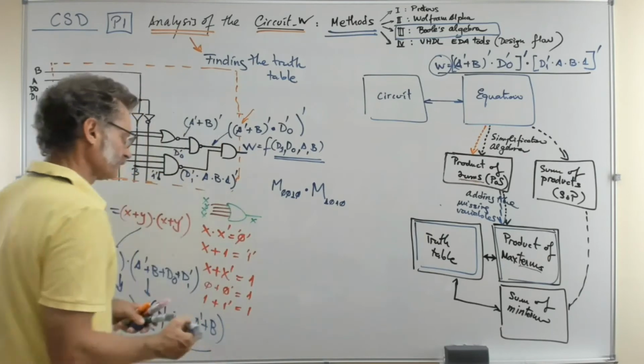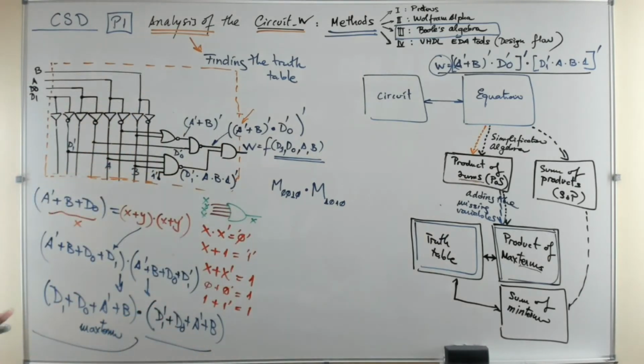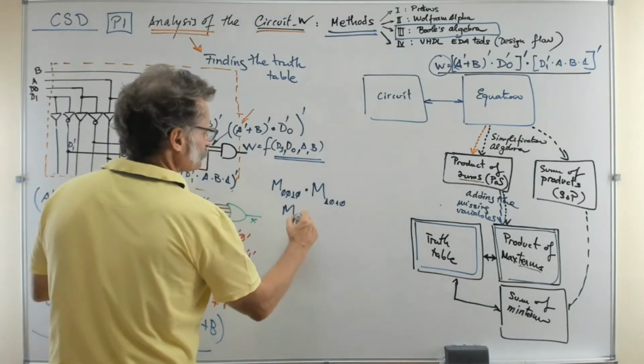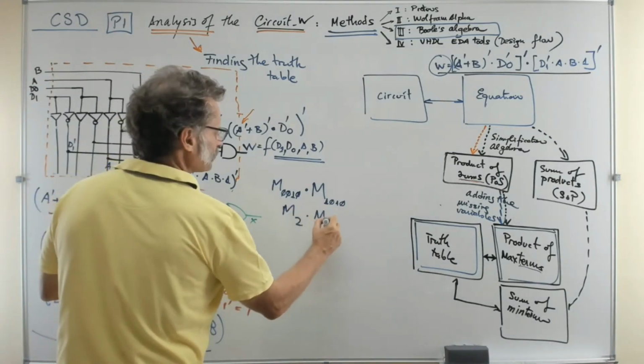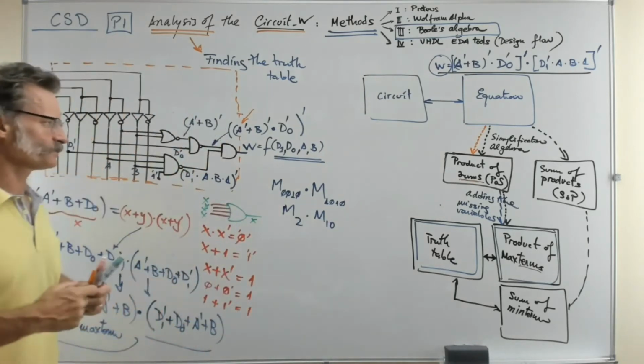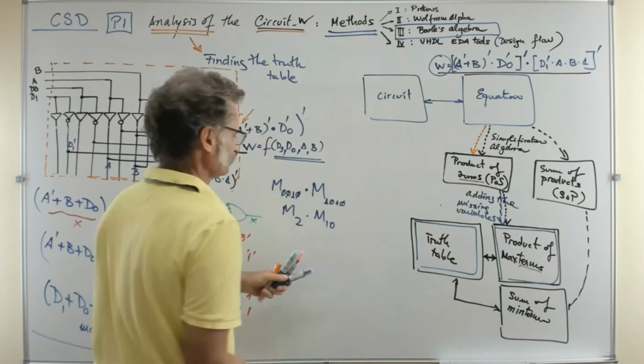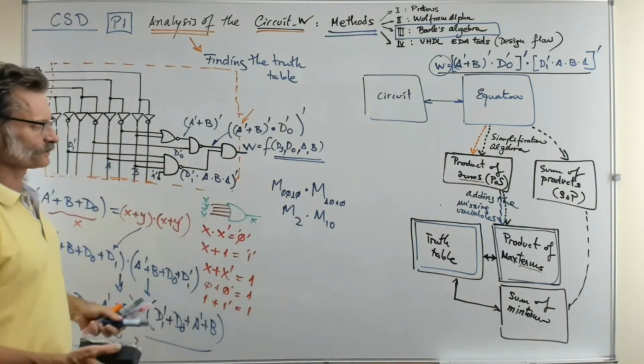All right, so now you really have two terms from the table which are already maxterms. This is the maxterm 2, and this is the maxterm 10. So you've got two terms of the truth table which are zeros, the 2 and the 10.